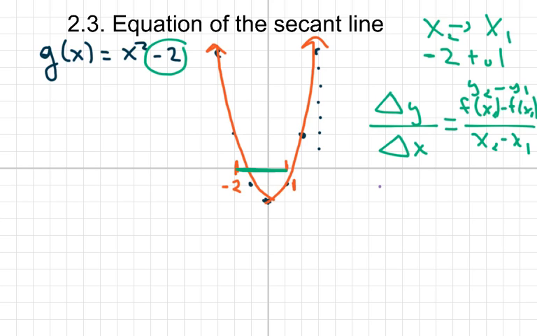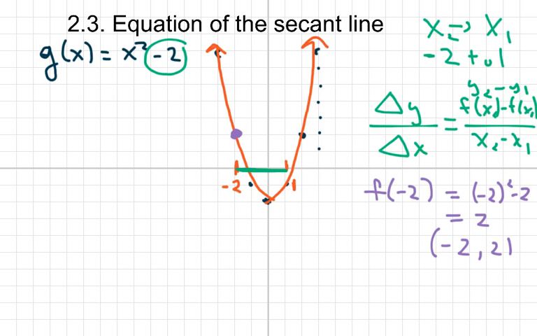So the first thing we're going to do is find out what is f of negative 2. Well, f of negative 2 is negative 2 squared minus 2, which equals 2. So our point is x is negative 2, y is 2. So that's the point right here. Make it big, make a big dot.